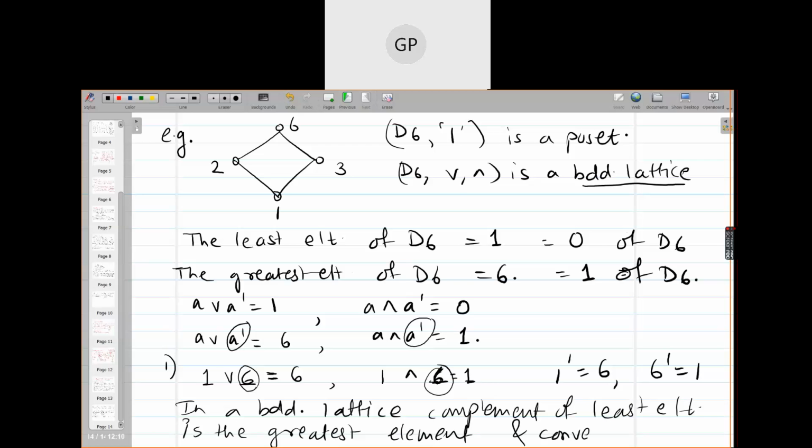Does everyone understand what conversely means? It means the complement of the greatest element is the least element. I think we should stop here. We will continue in the next lecture with complements.